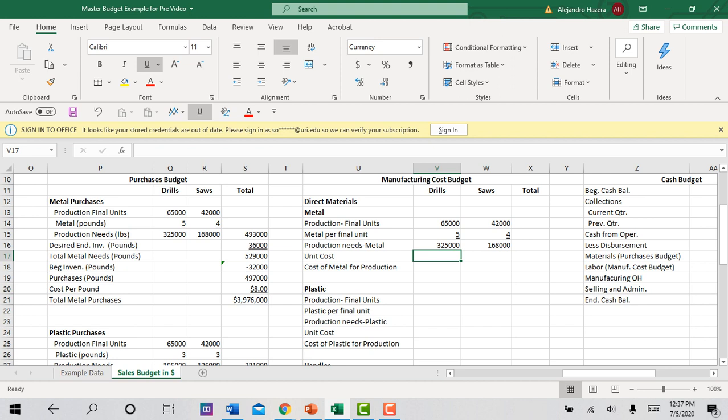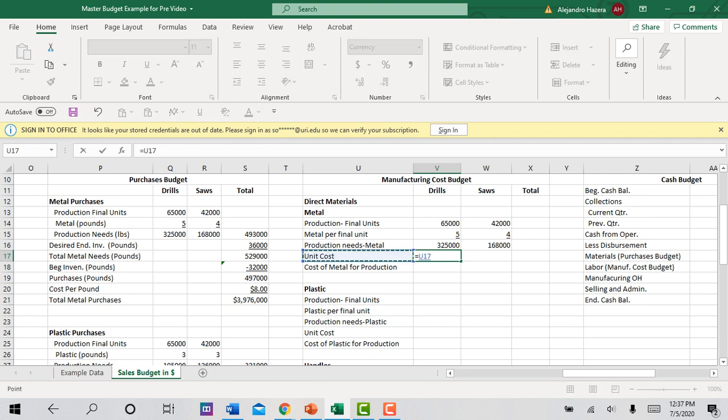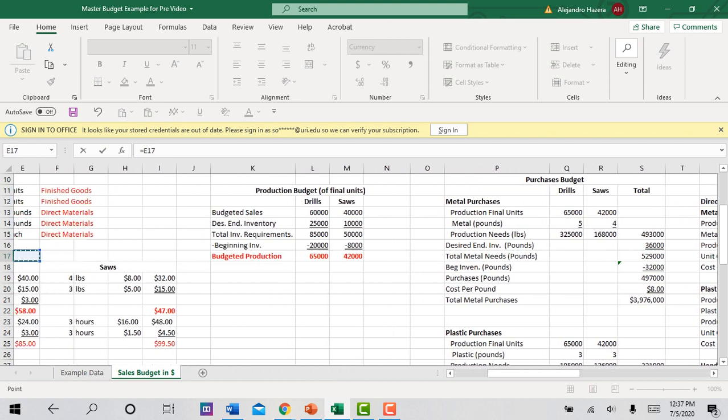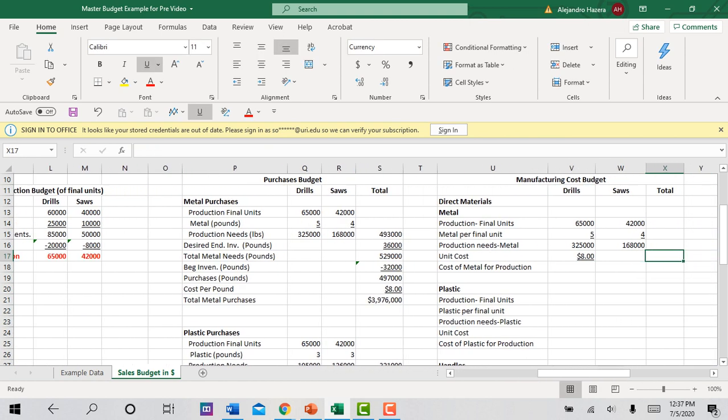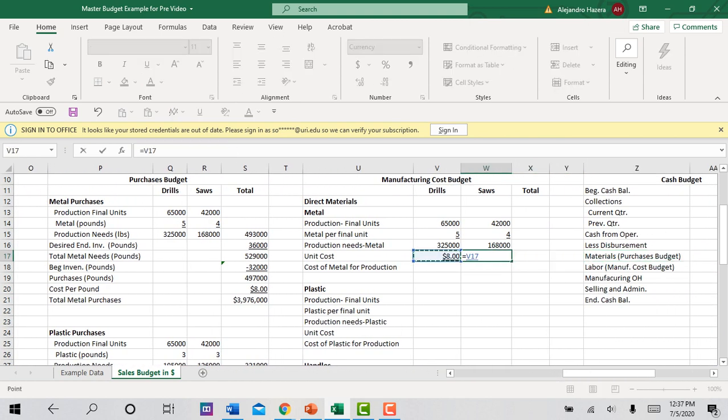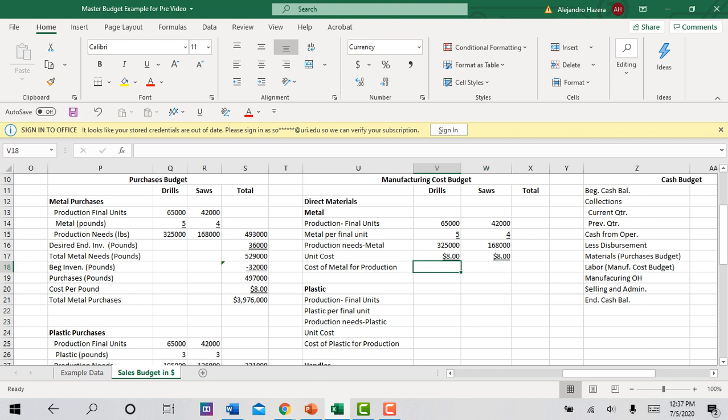Okay, and we know that each pound of metal costs $8. So we come over here. We know that each pound of metal costs $8. And they use the same metal, so for each type of product, we can just go ahead and multiply it out. Production needs 325,000 pounds of metal at a cost of $8 for each one, so our metal production needs in dollars for drills is going to be 2,600,000.